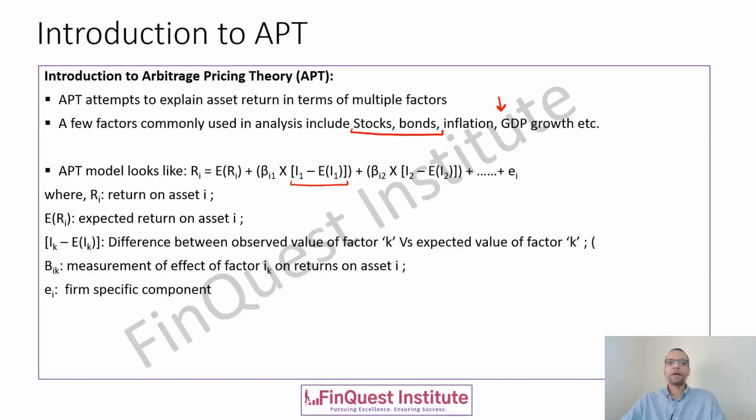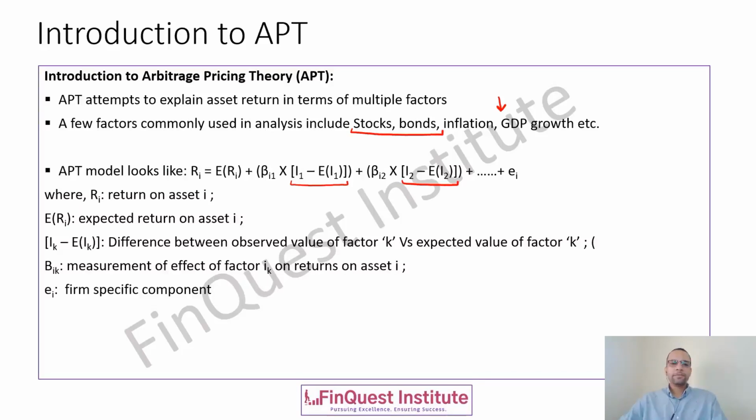This is something which was not factored in. So you can assume that we were taking this expected value to be zero. But any kind of movements away from that, that is something which we are trying to understand through this difference. So we can imagine the term in the square brackets is just like a surprise or a macro surprise. That's what we can call it. Similarly, for the other square bracket and any other factors which are going to come in as well.